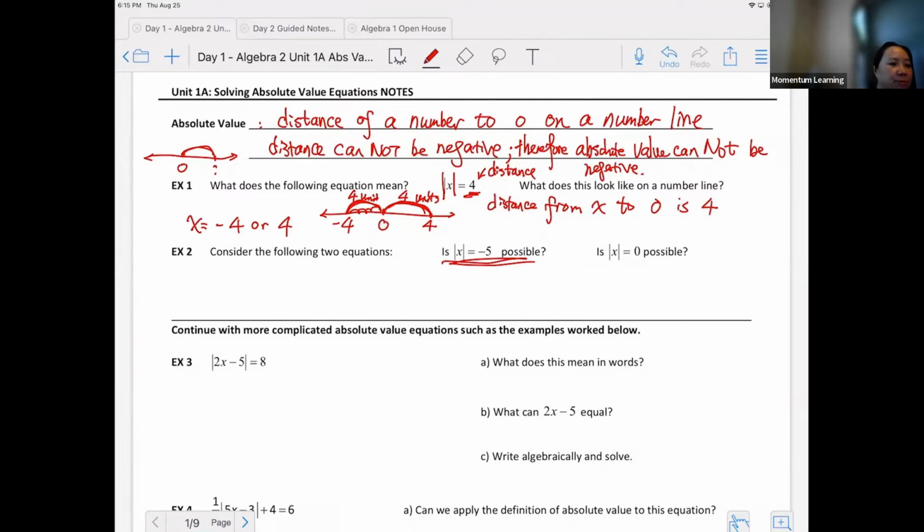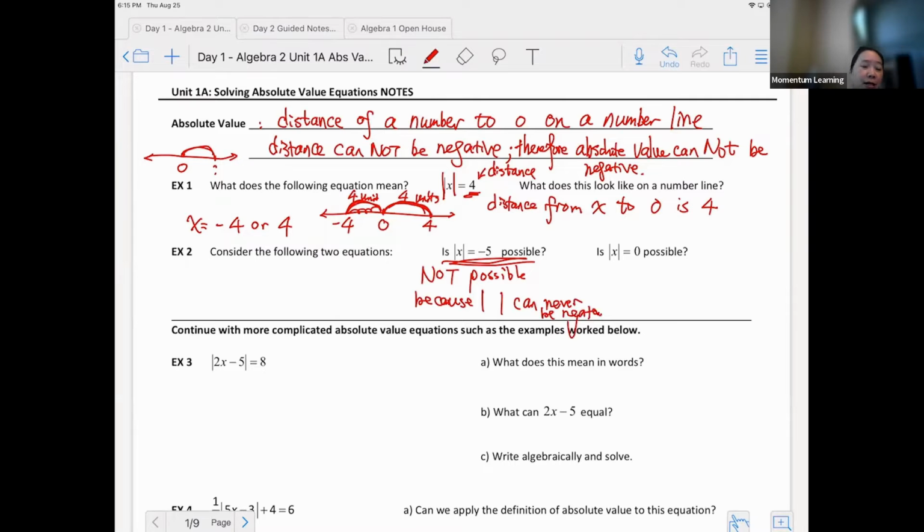We already mentioned earlier that distance can never be negative. So this one is not possible, because absolute value can never be negative.